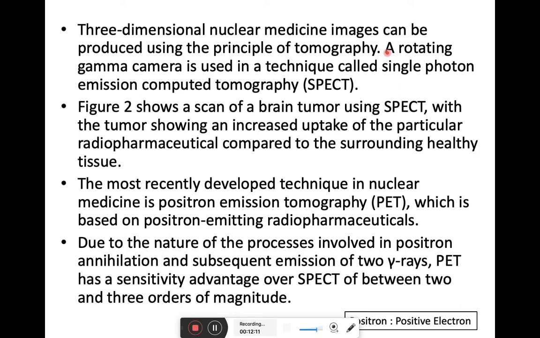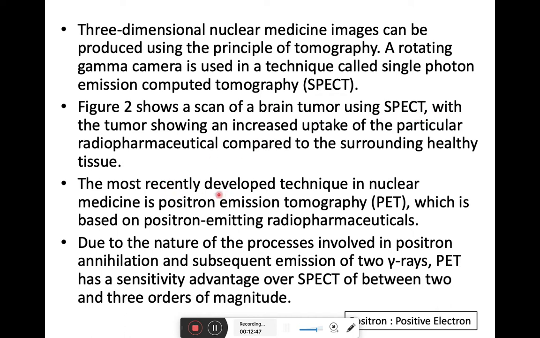If you compare with the previous computed tomography in chapter 4, we have a rotating X-ray source. For NMI, this technique we call single photon emission computed tomography. We already saw figure 2, which shows the scan of a brain tumor using SPECT.